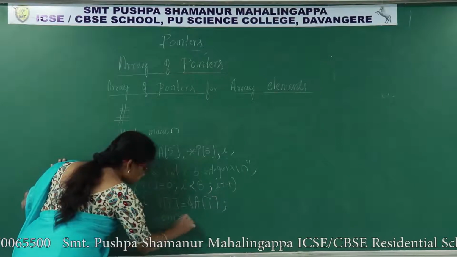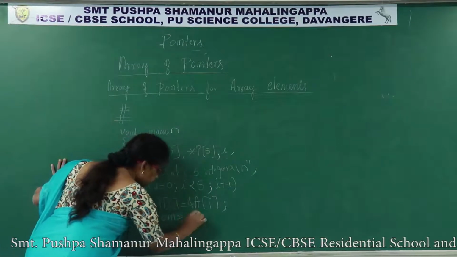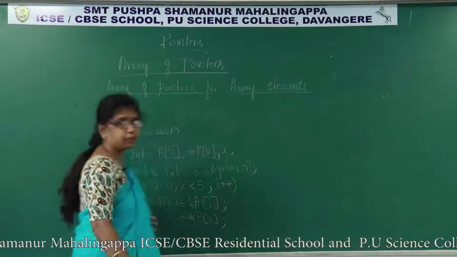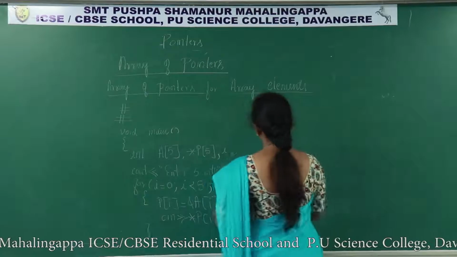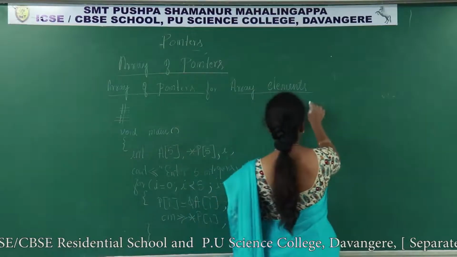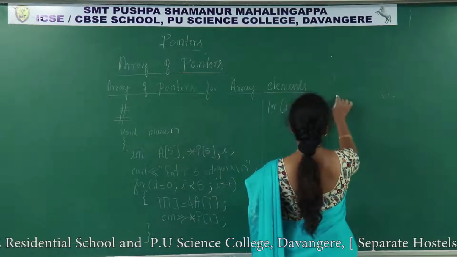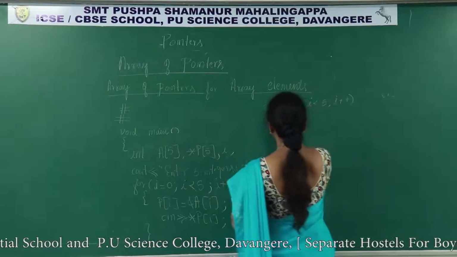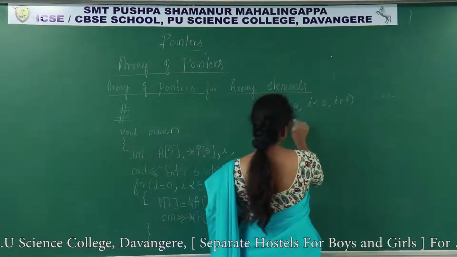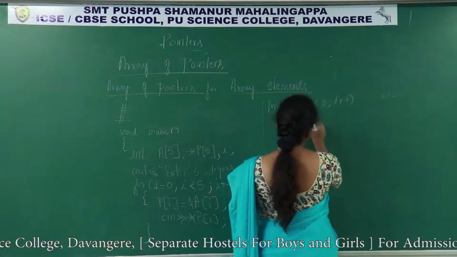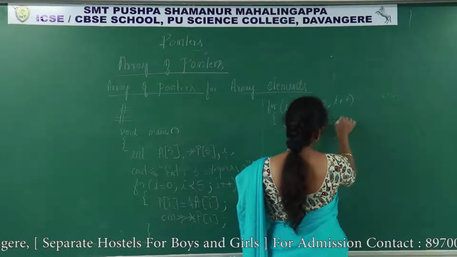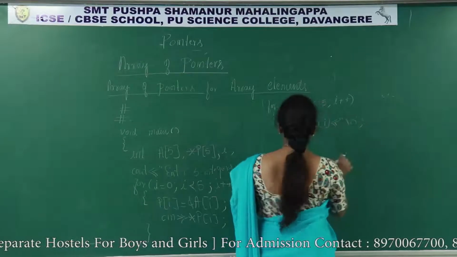Cin extraction star P of I. For display purposes I will take one more for loop. For I is equal to 0, I less than 5, I plus plus, cout insertion star P of I, backslash n semicolon.